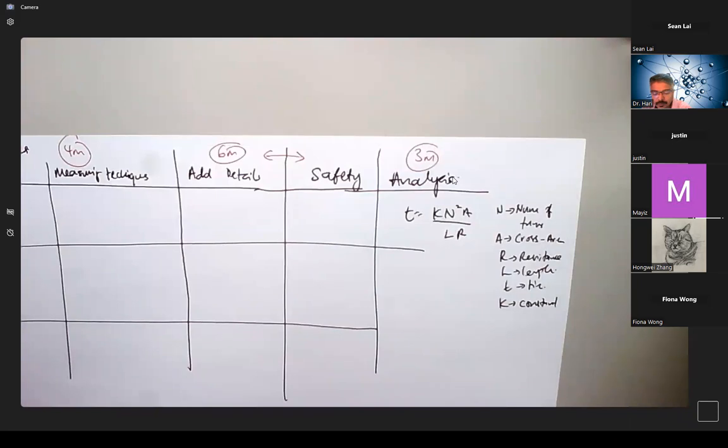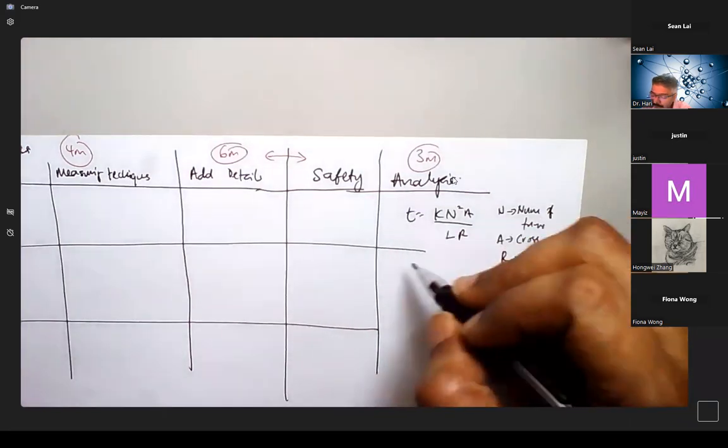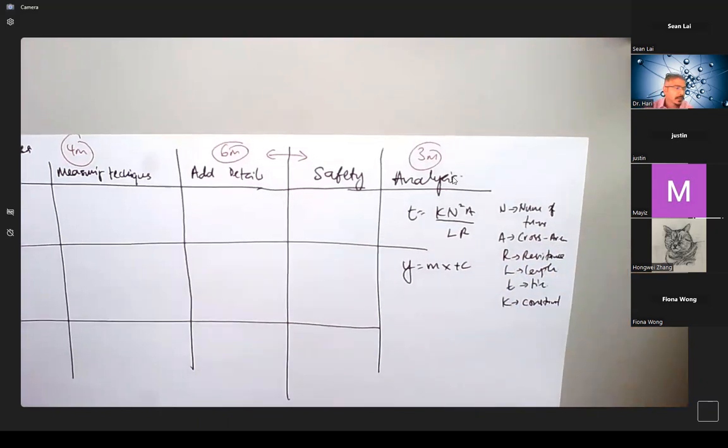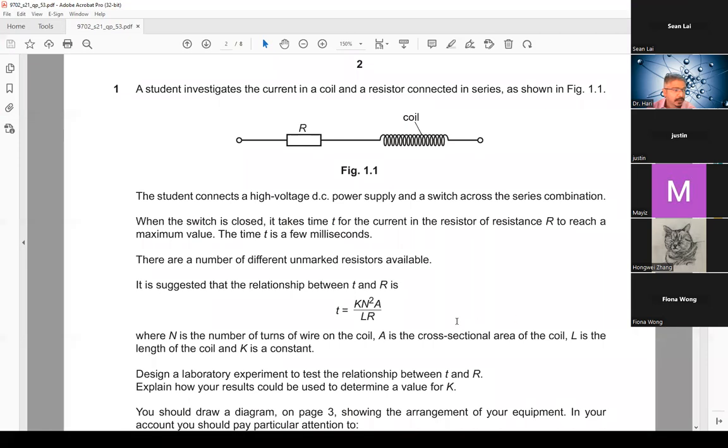All right. So we compare this equation with y equals mx plus c. And here in the question, they said to design a laboratory experiment to test the relationship between T and R. So the student investigates the current in the coil and the resistor connected.